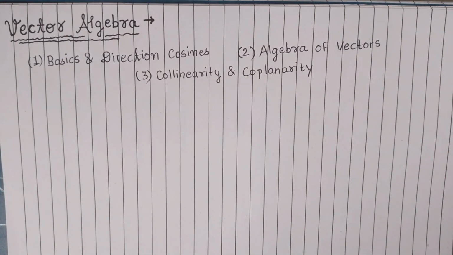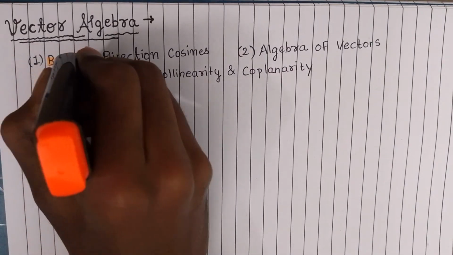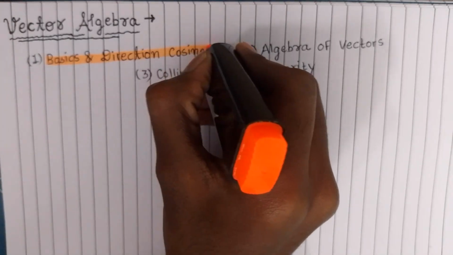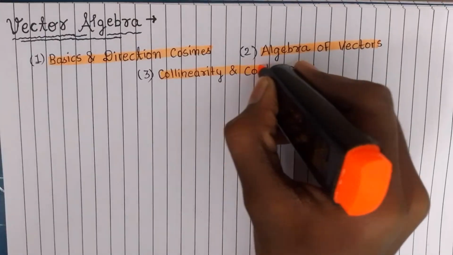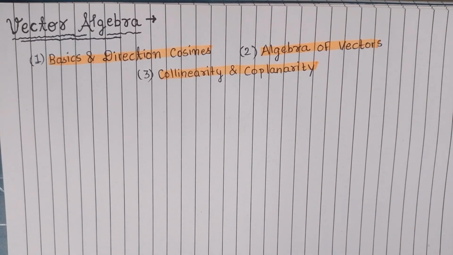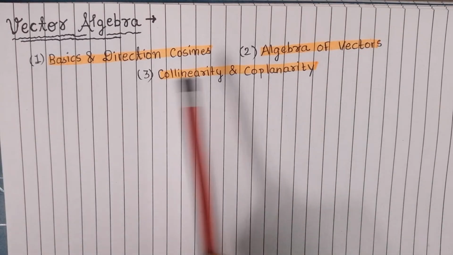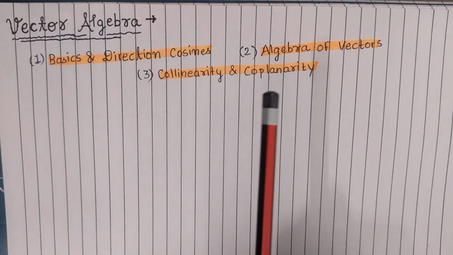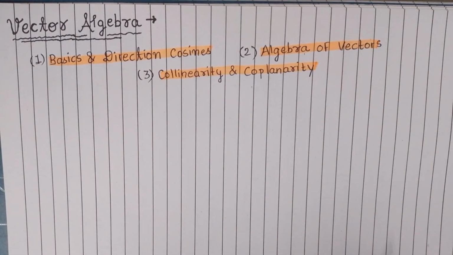I will highlight all three for you to read properly. So: basics and direction cosines, algebra of vectors, and collinearity and coplanarity. These are the three divisions I will divide vector algebra into, and we will go one by one into each of the three. Let's go.